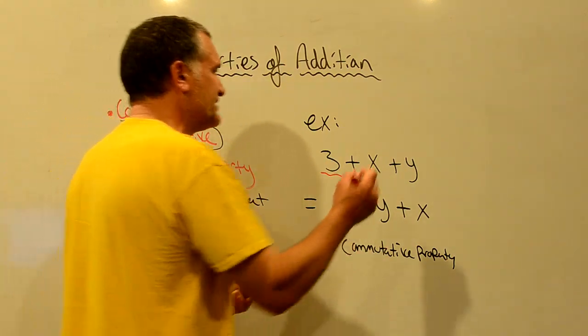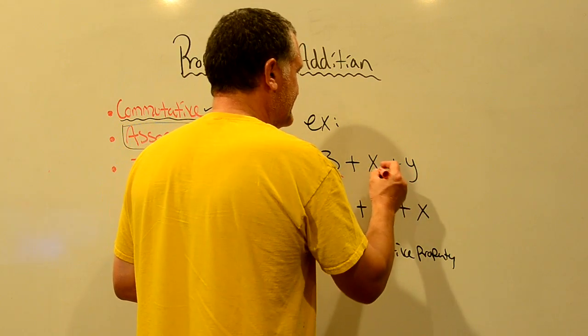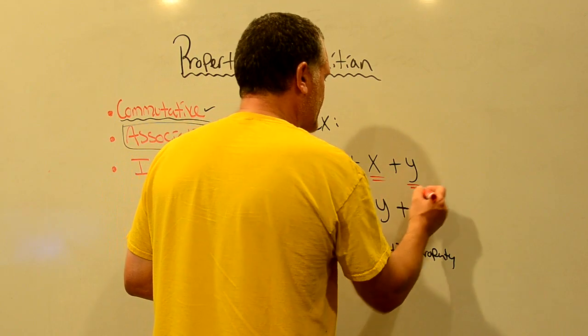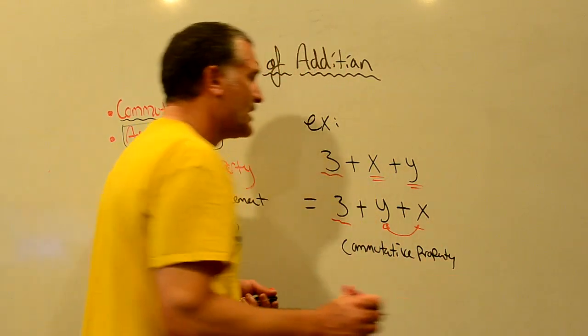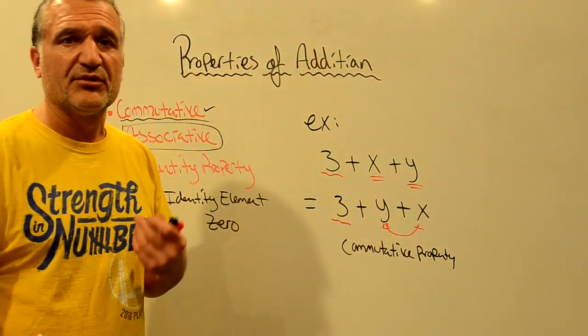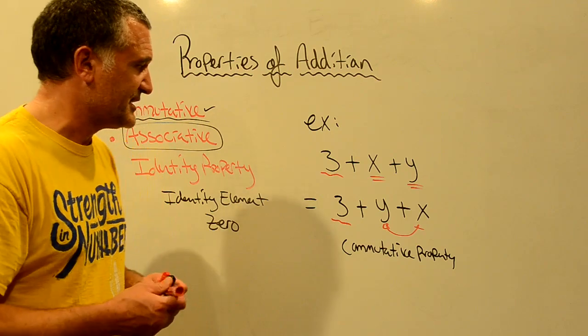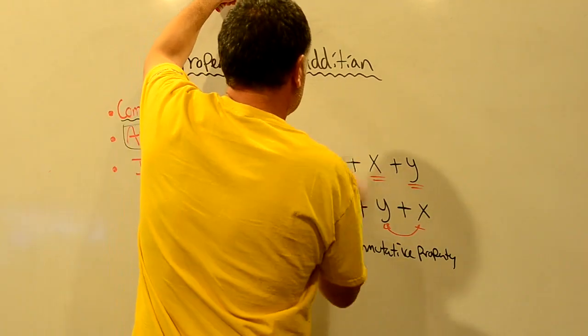But what did change is the order of the y and the x. Where this was x and this is y, this is now switched order. Y has moved here and x has moved here. That is an example of the commutative property of addition. Good?